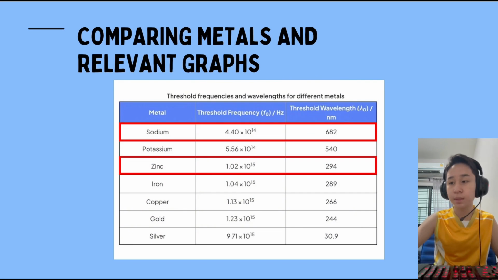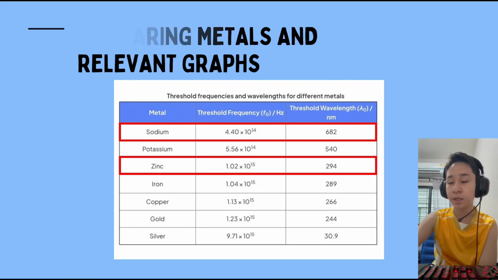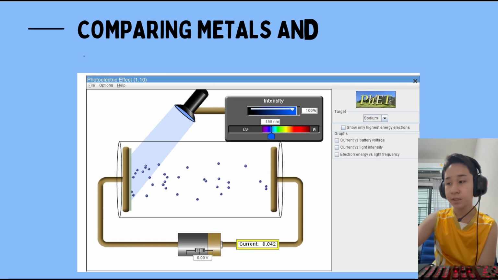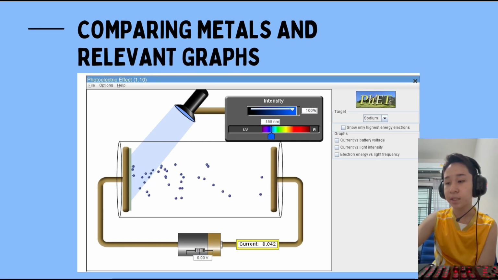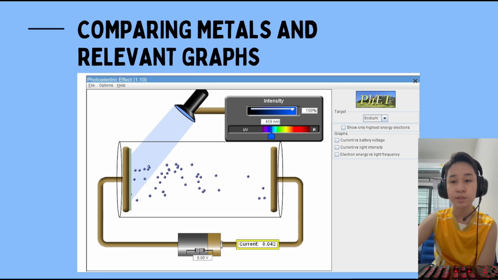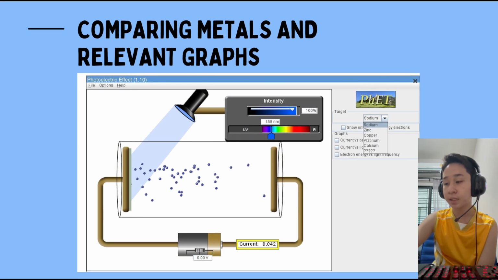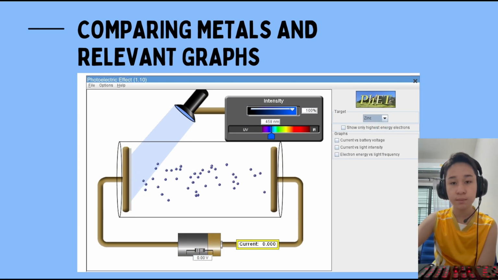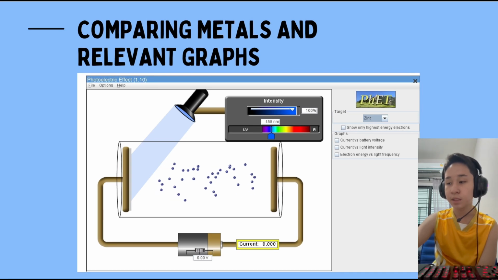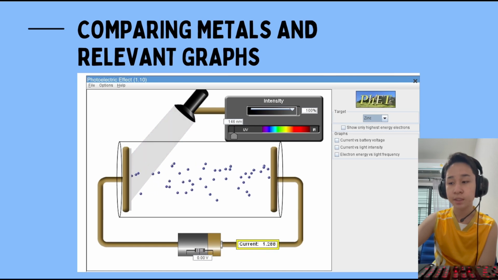For example, metals like sodium have lower work functions, meaning they require lower frequency light to eject electrons, while metals like zinc need higher frequencies. Let's use the simulation to compare sodium and zinc. First, we will set the light to a frequency above sodium's threshold but below zinc's. You'll see that electrons are ejected from sodium but not zinc. Now we will increase the frequency to meet zinc's threshold, and both metals eject electrons.